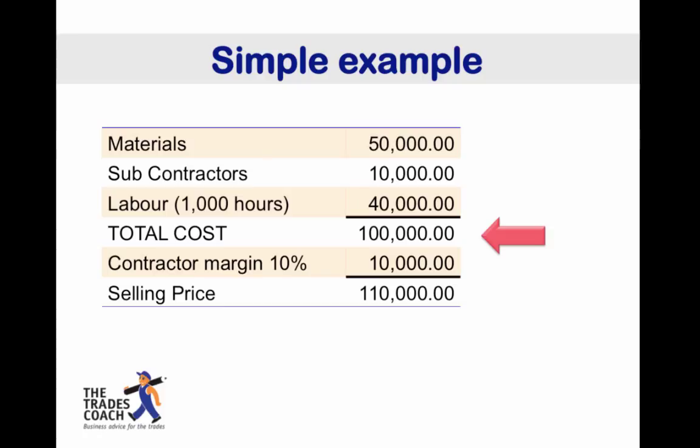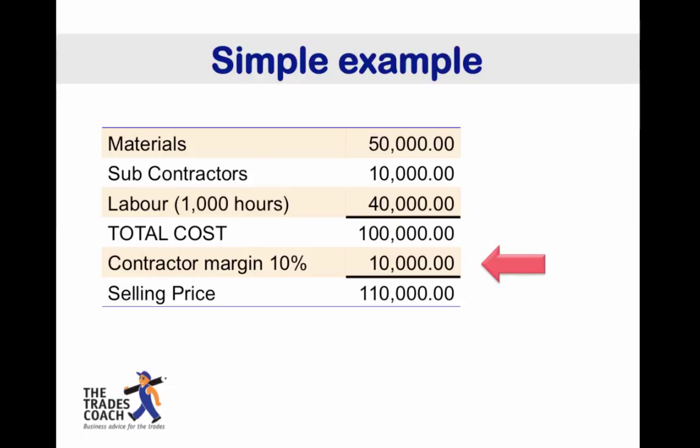Now, for quite a few contractors, that may be as far as that quote goes, and that becomes the selling price to the client. Some contracts allow for an overall contractor's margin to be added on.